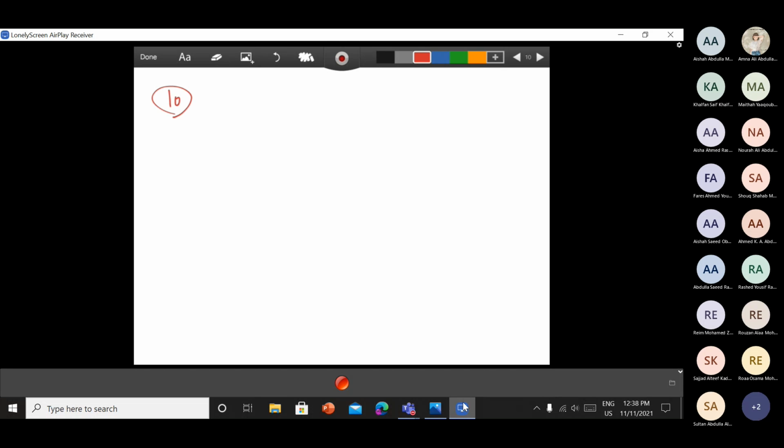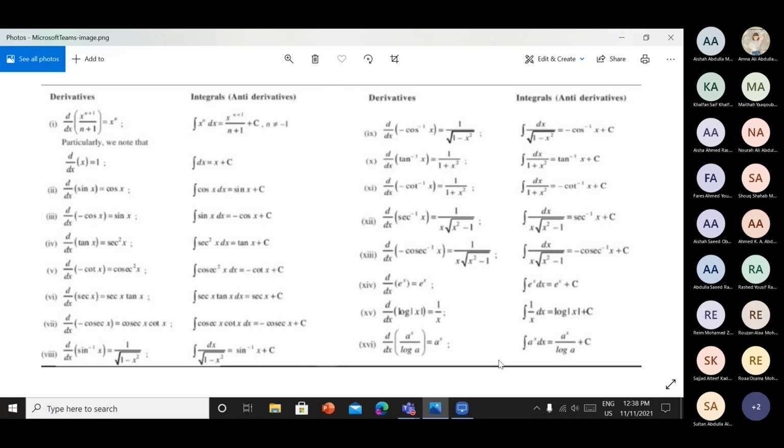This is the final one. Now, the integration of e to the sine x times cosine x dx. Do you have one like this in the table? No, I don't.